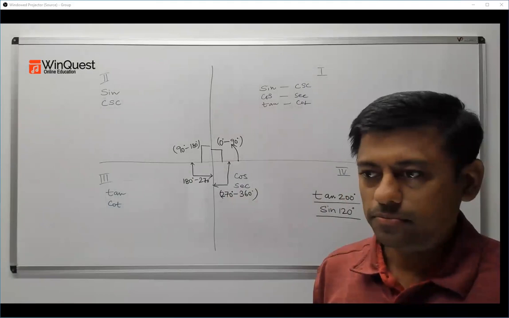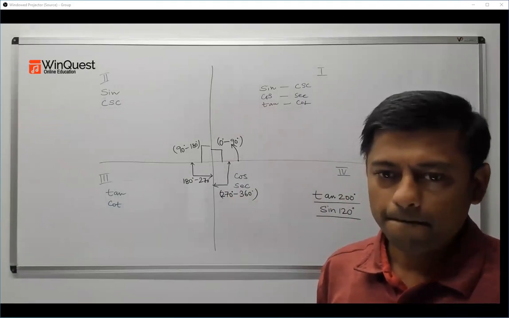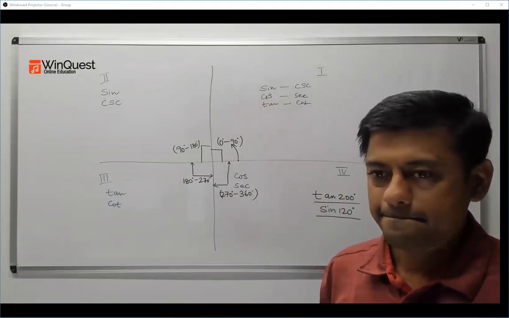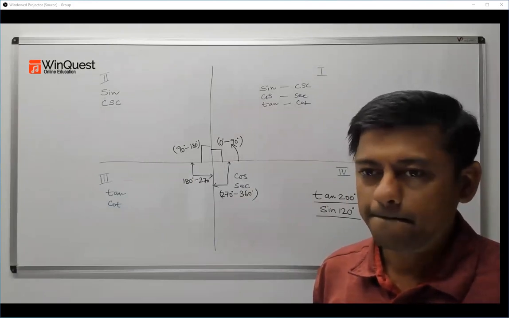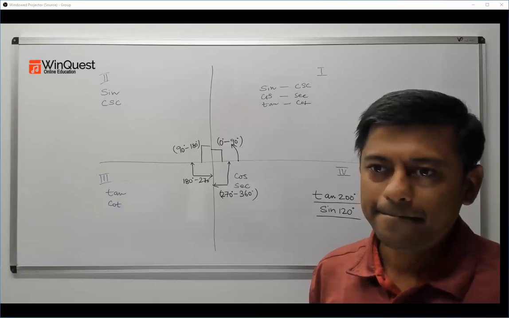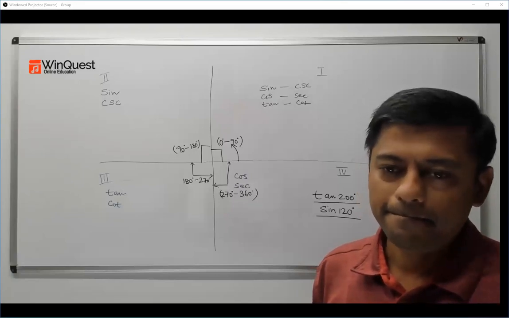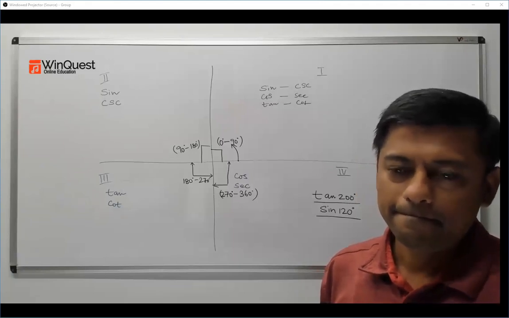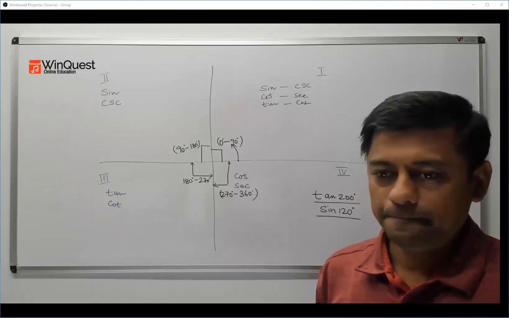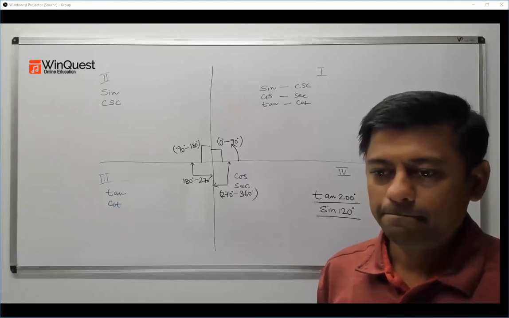Can you explain again how we know if it's going to be a positive or negative value? So based on the quadrant that it lands in, it'll take a positive or a negative value. You use the analogy of houses and how people are welcome or not. In quadrant 1, every trig function takes a positive value.